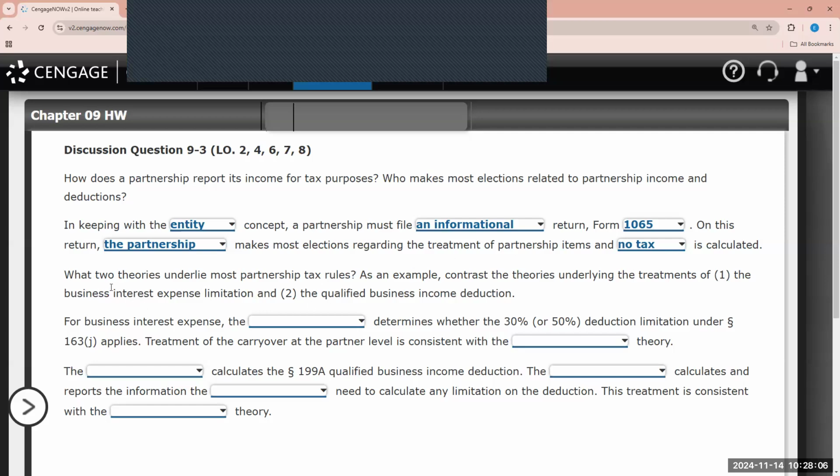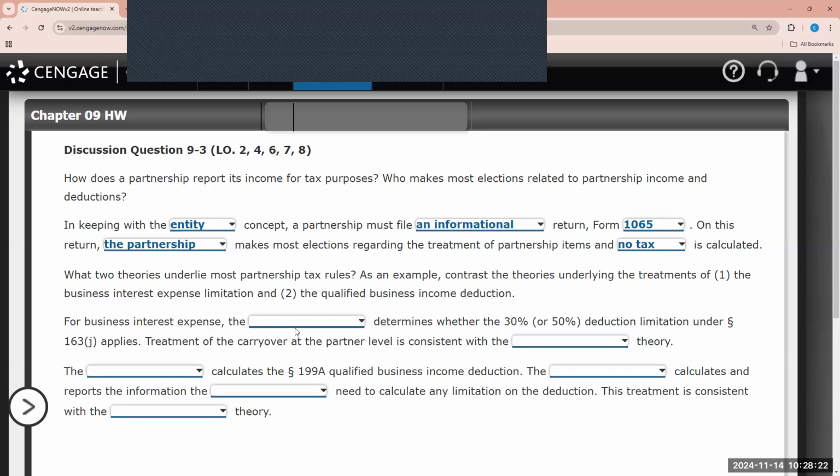Next, it states, what two theories underlie most partnership tax rules? As an example, contrast the theories underlying the treatments of the business interest expense limitation and the qualified business income deduction.